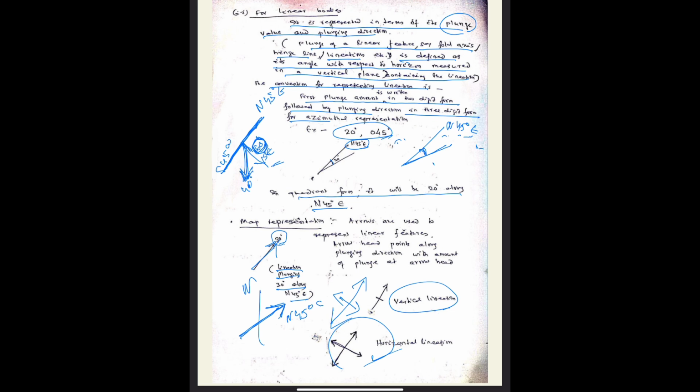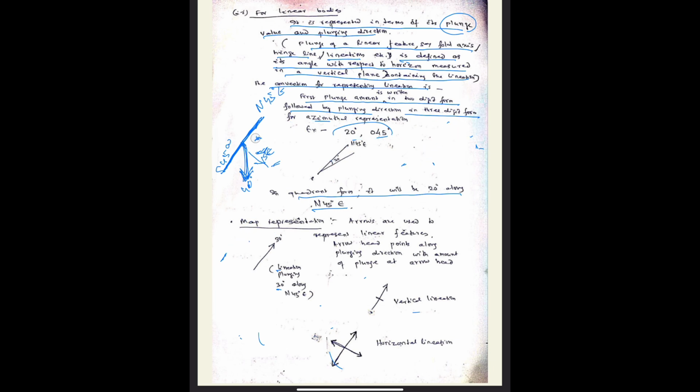And in case of beds where the bed is inverted, we use a symbol like this, an inverted bed with strike, and this is the dip direction. So all these are the ways to represent the dip and strike value or the plunge value of the linear features in the maps.